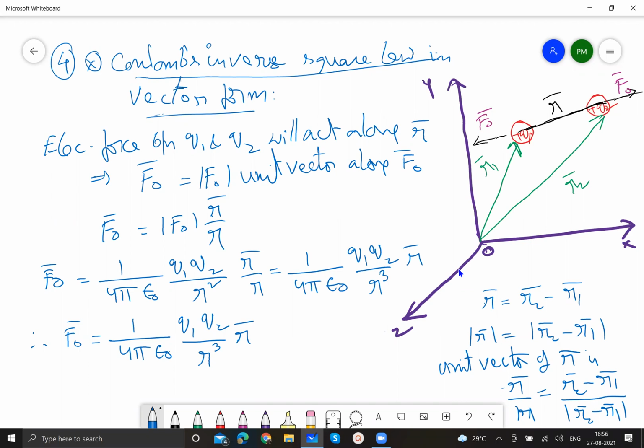So this is how we express Coulomb's inverse square law in vector form. Completed? No, sir.